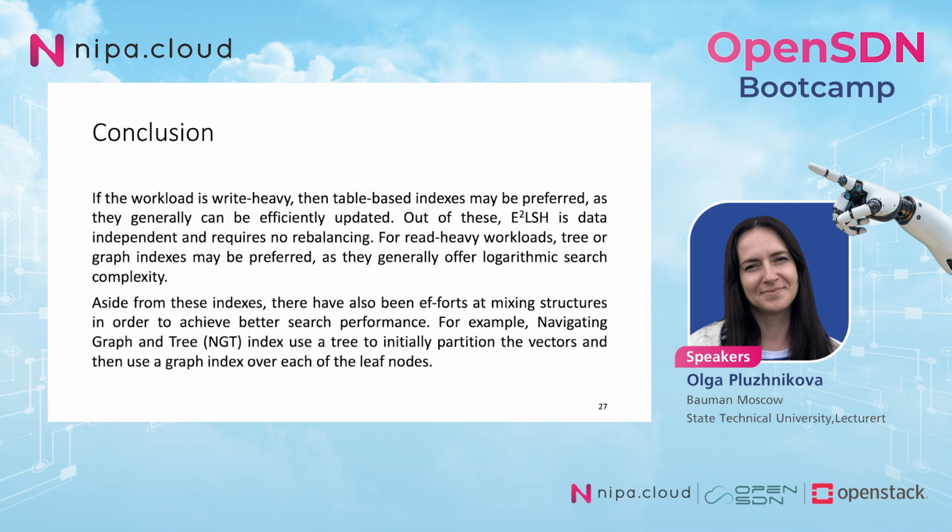If the workload is write-heavy, then table-based indexes may be preferred, as they generally can be efficiently updated. For read-heavy workloads, tree or graph indexes may be preferred, as they generally offer logarithmic search complexity.